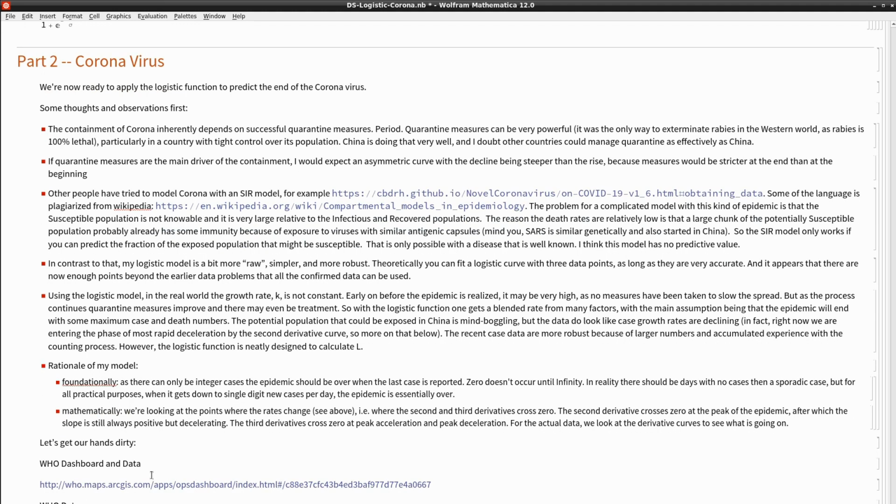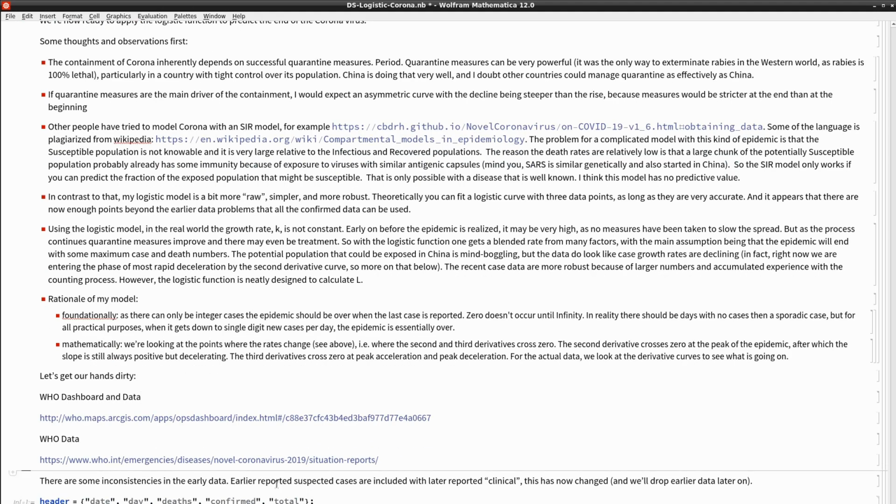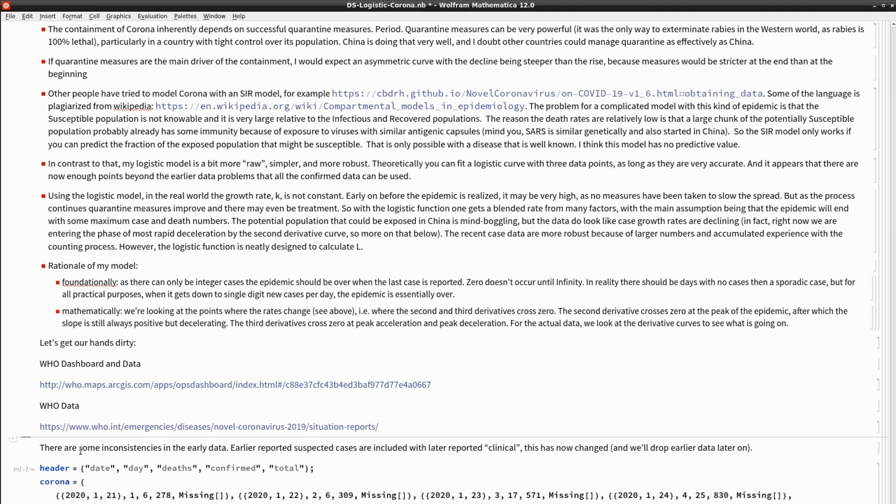So, all right, let's get our hands dirty. Here is the WHO data. Here's a dashboard and downloads of the data. And the data that I'm using, I'm extracting from situation reports. They're in Chinese, but it's possible to extract the data from these Chinese situation reports directly. I'll point out there are some inconsistencies in the early data.